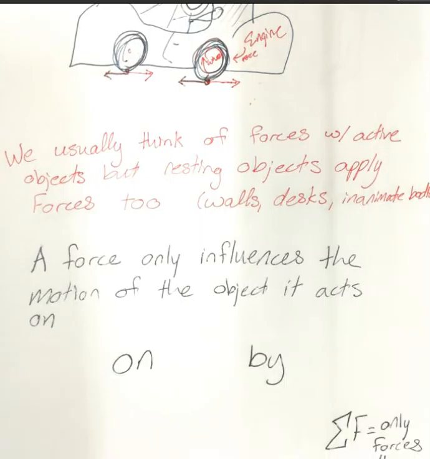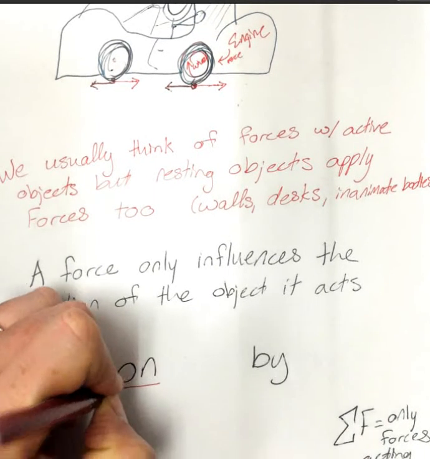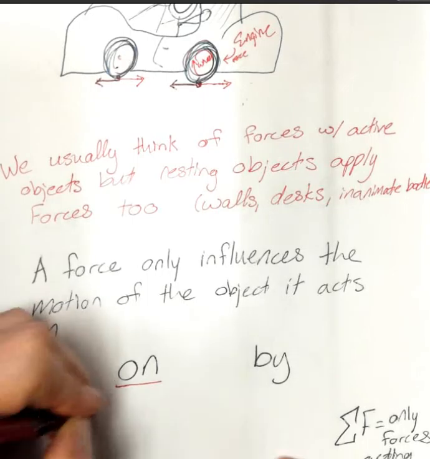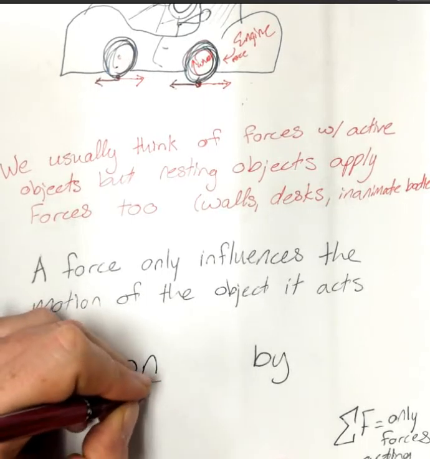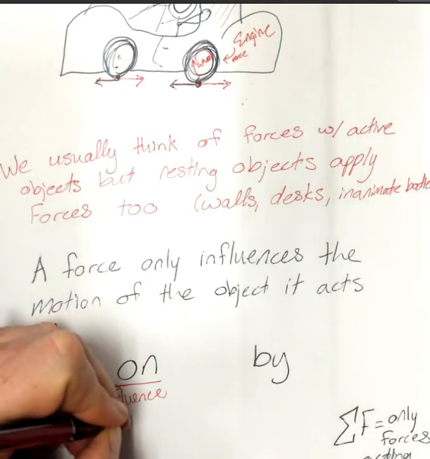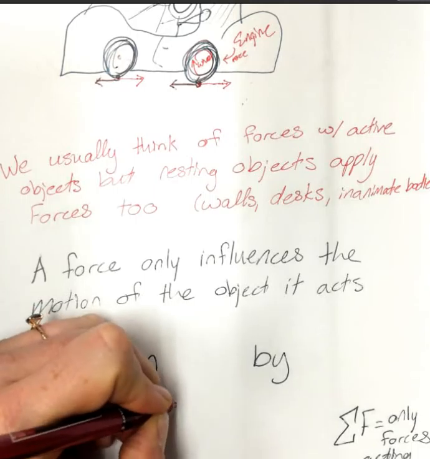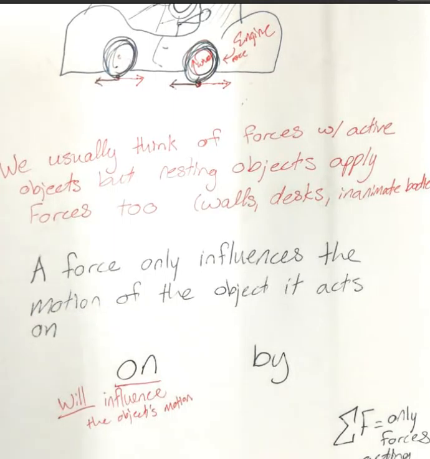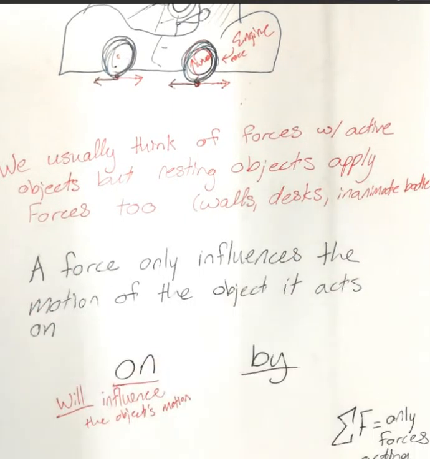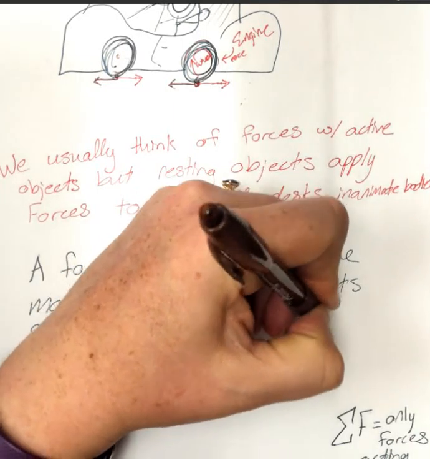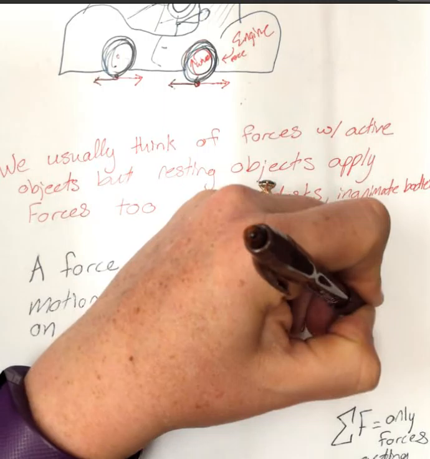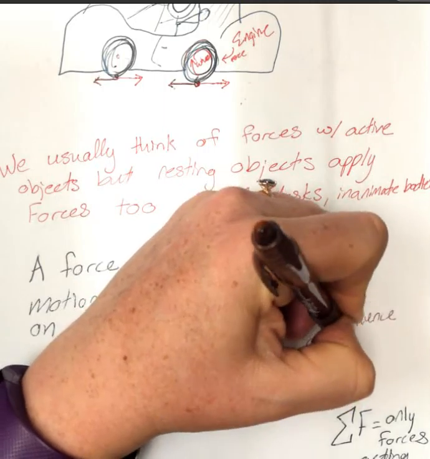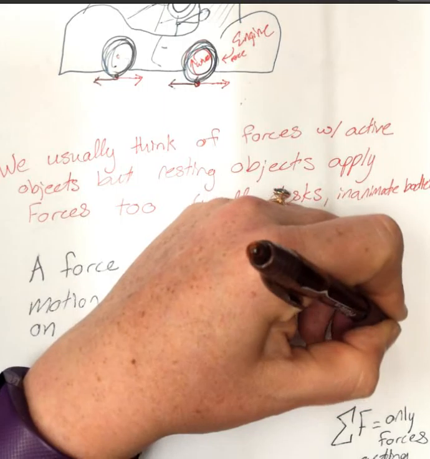So I give us two words to really help us think through this situation: on and by. A force that acts on an object will influence the object's motion. A force exerted by an object will not influence that object's motion.